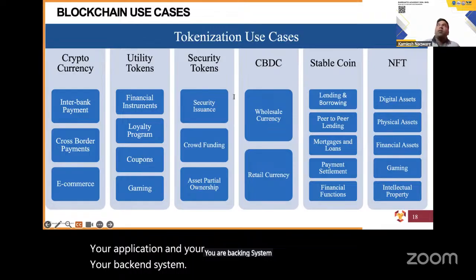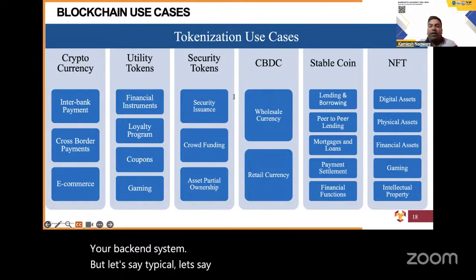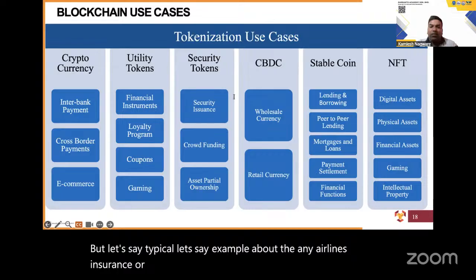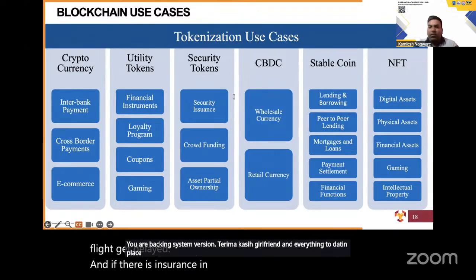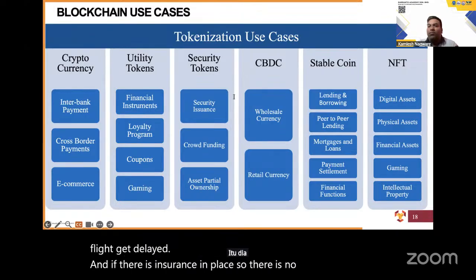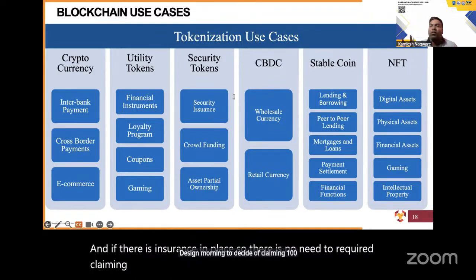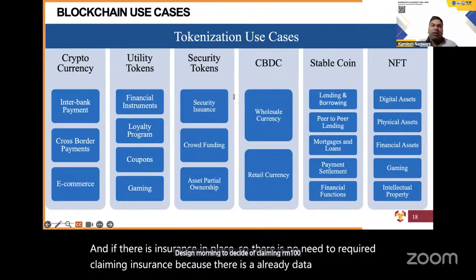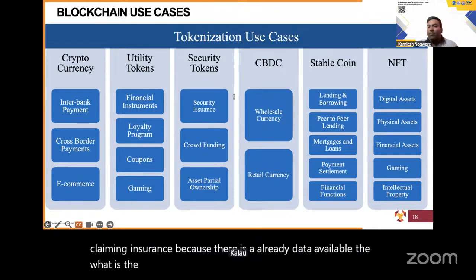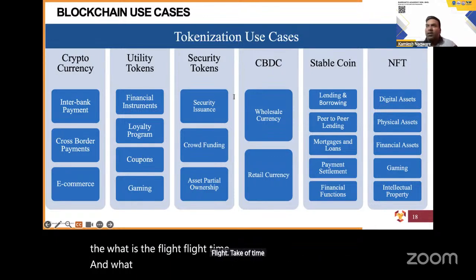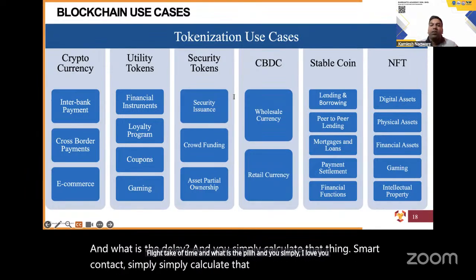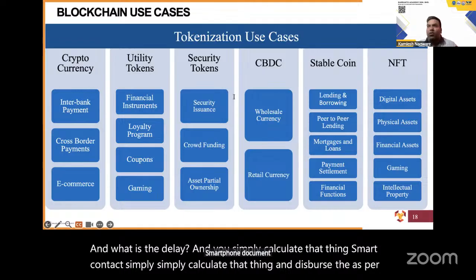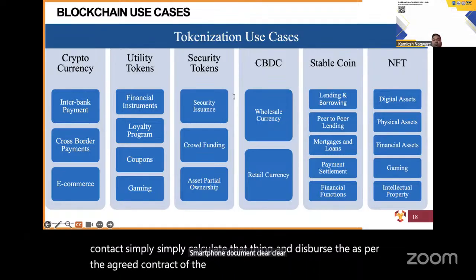But let's say a typical example is airline insurance. When you're traveling and if the flight gets delayed, and if there is insurance in place, there is no need to claim the insurance, because the data is already available. You know the flight takeoff time and what the delay is, and you simply calculate that. The smart contract simply calculates that and disburses as per the agreed contract of the flight delay insurance, right?